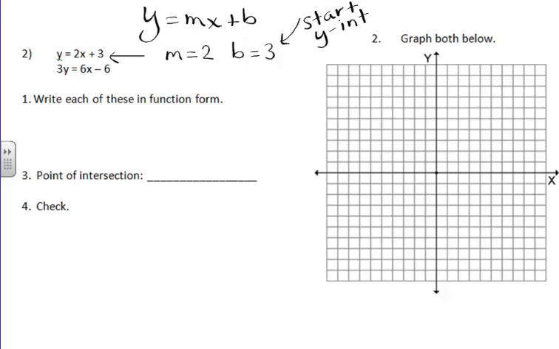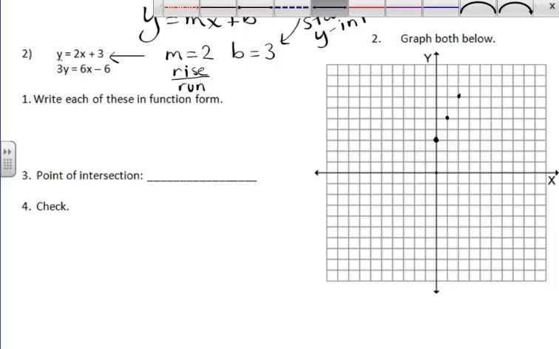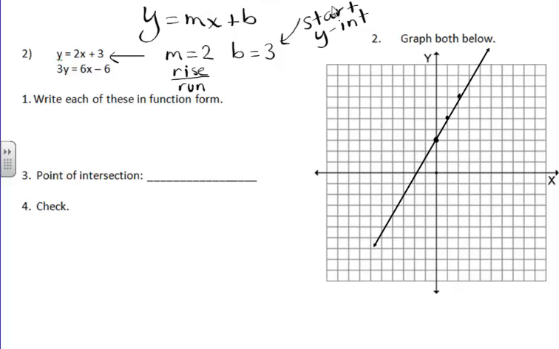Starting at 3, there is my 3, and my slope is, remember, rise first, run second. So we are going up 2 over 1. You probably just need 3 points connecting those points. Labeling your line.